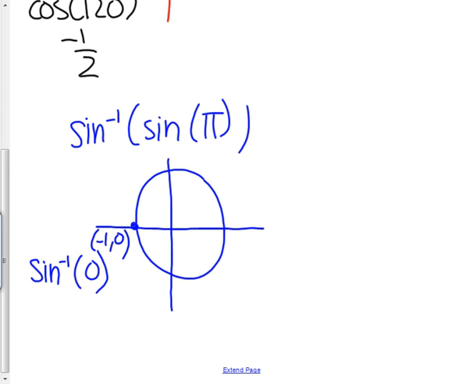Now sine inverse is 0 at 2 spots on the graph. Here and where else? The other side, right? So now which one's the answer? There's only one. And how do I know it's my answer? The one on the right. Great. And so my answer would be 0. Why would my answer not be 180 degrees, or pi?